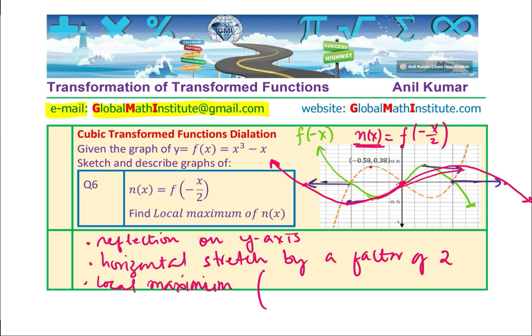So it will be 1.16, right? And the y value remains same, which is 0.38. Makes sense? Correct? So that is how horizontal stretches work.